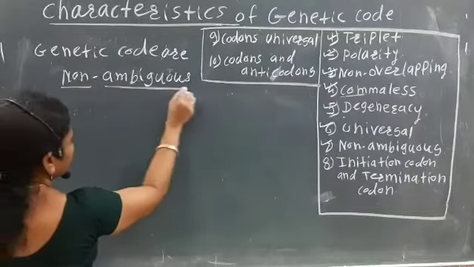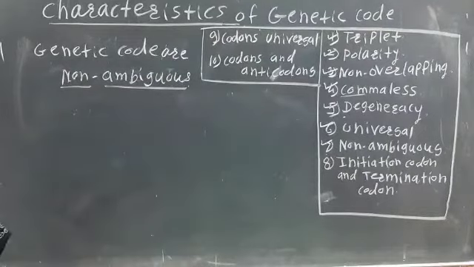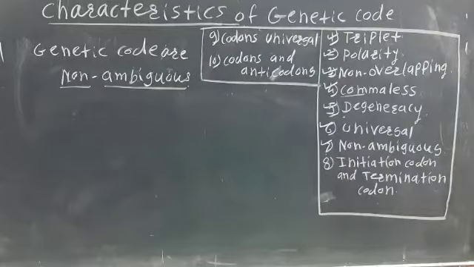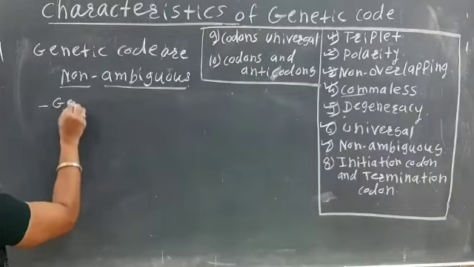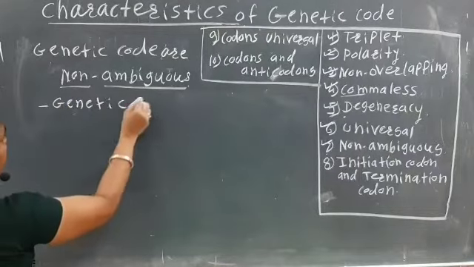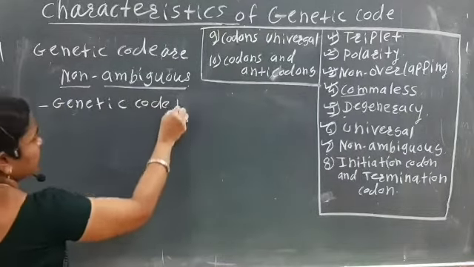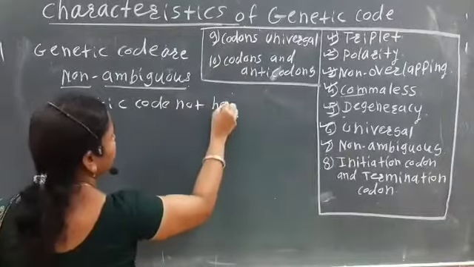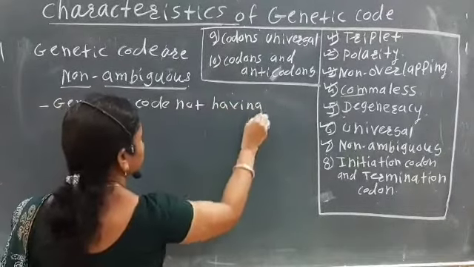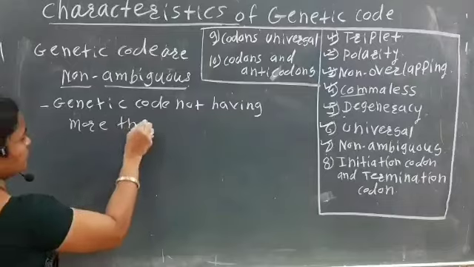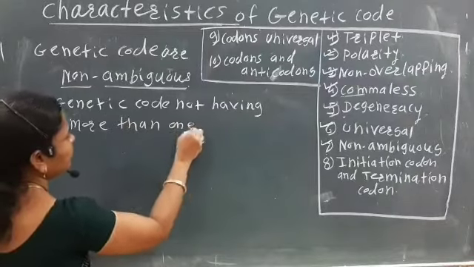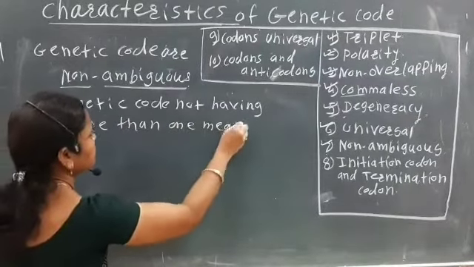Genetic code is non-ambiguous. So here, that is the genetic code does not have more than one meaning. Non-ambiguous means what? Genetic code not having more than one meaning.